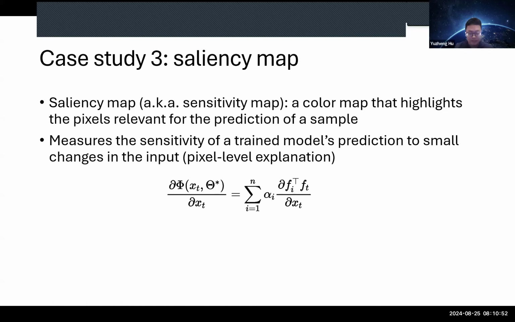Basically, we decompose the whole saliency map into a linear combination of the saliency maps that are native or intrinsic to each sample. This helps us provide more fine-grained explanations of how each sample explains the final prediction of a model.